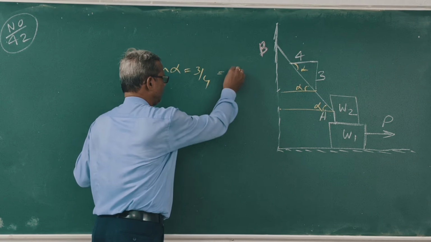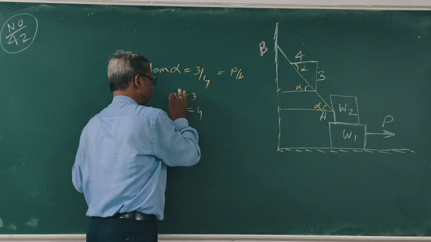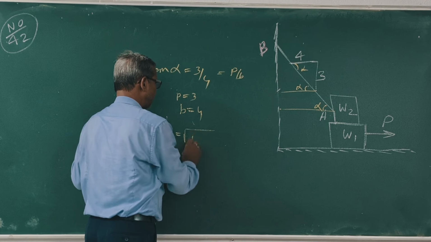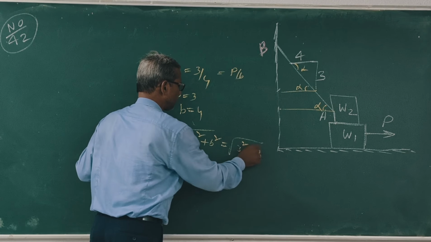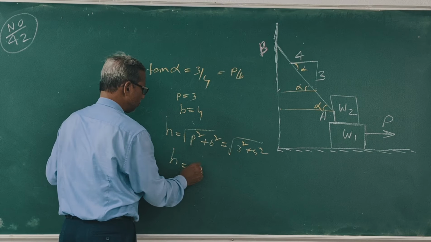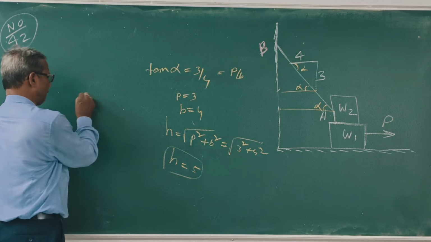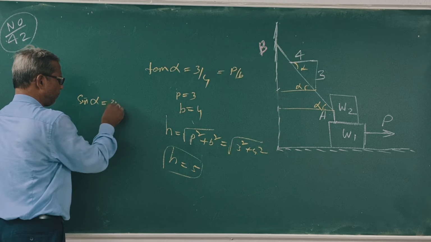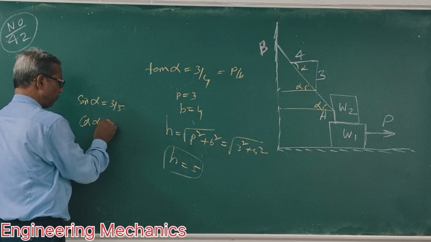Perpendicular by base, so P is equal to 3, B is equal to 4. What is H equal to? Root over P square plus B square, root over 3 square plus 4 square. H is equal to 5. Clear? What is sin alpha? 3/5, P by H. What is cos alpha? B by H, 4/5. Our angle is calculated. Not necessary to use a calculator. Clear? Now I will show the forces.